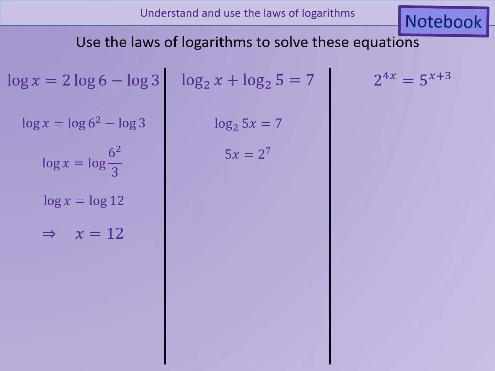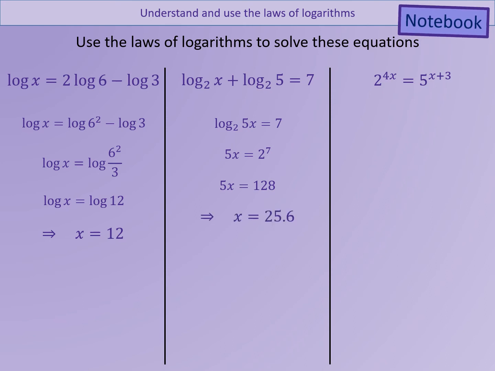And then using my conversion rule, which is how I can change a logarithm equation into an exponential equation, when rearranged, I get 5x equals 2 to the power of 7. That's using the skill that we were looking at in one of the previous slides. And then finally, if I work out 2 to the power of 7, it comes out as 128.